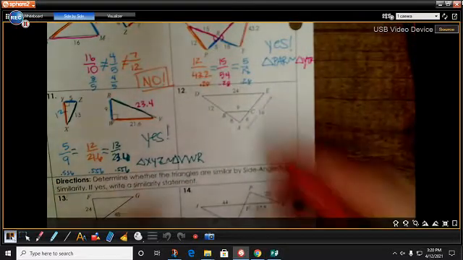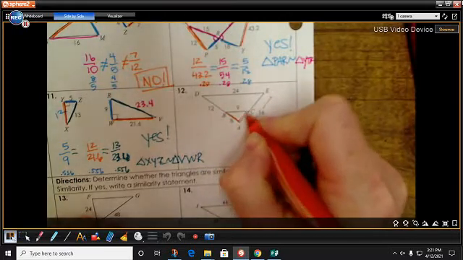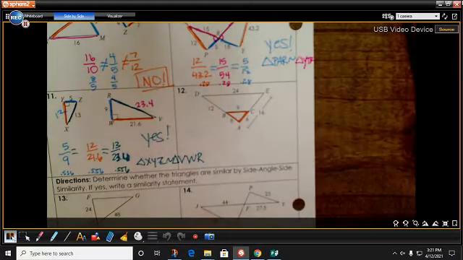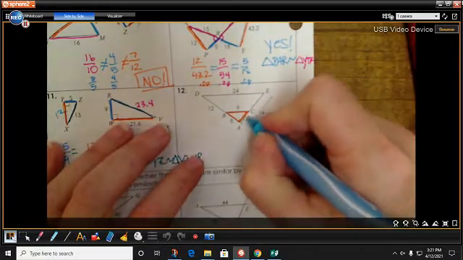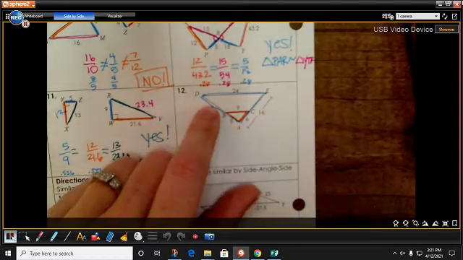Now checking this last guy here. Nested ones are usually the easiest to tell which sides are corresponding. So I'm going to have this orange triangle and the big blue triangle. The left side of the orange will go with the left side of the blue. The right side of the orange will go with the right side of the blue.